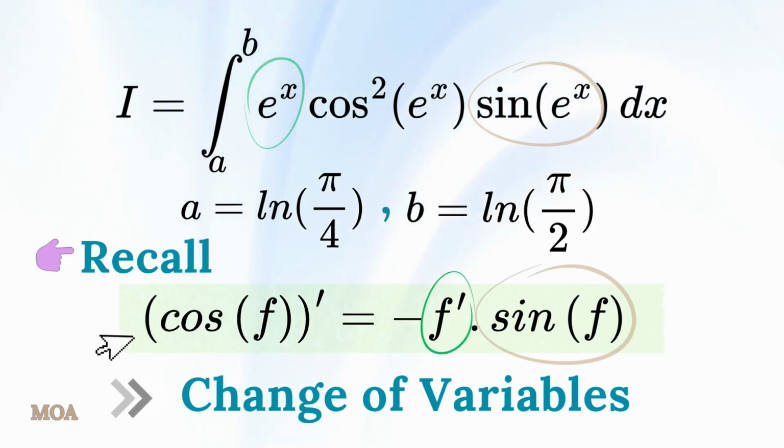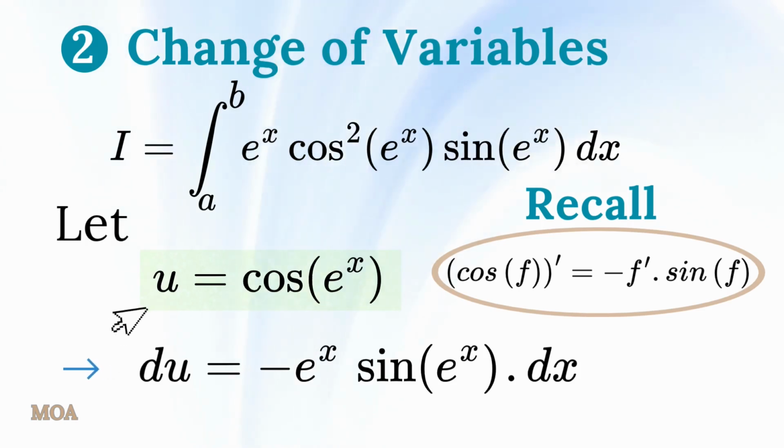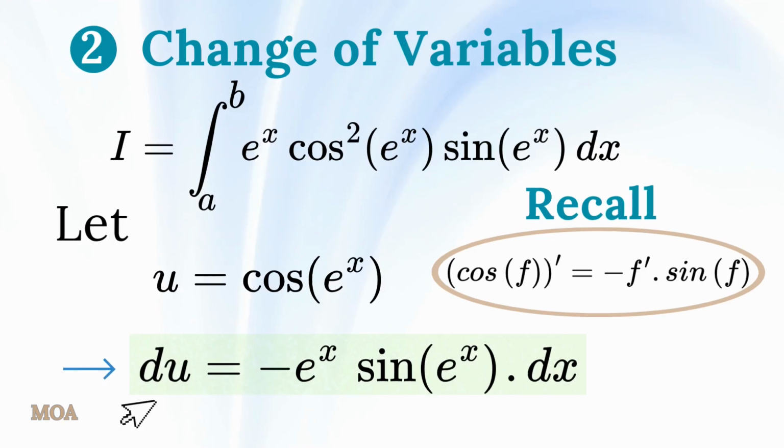Therefore, let us adopt the change of variables method, also known as substitution. Let u equal the cosine of e to the power of x. This implies that du equals negative e to the power of x, multiplied by the sine of e to the power of x, with respect to x.